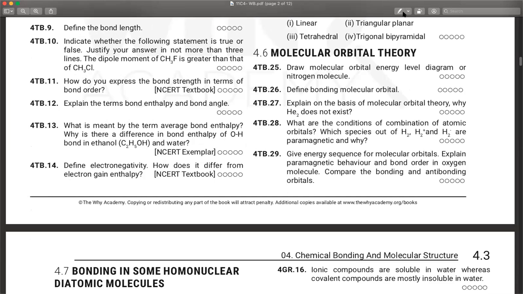I'm assuming they're not talking in terms of the molecule. Bond enthalpy of OH, whenever it's written like that, is basically the bond between O and H. So then I don't think there will be any difference.